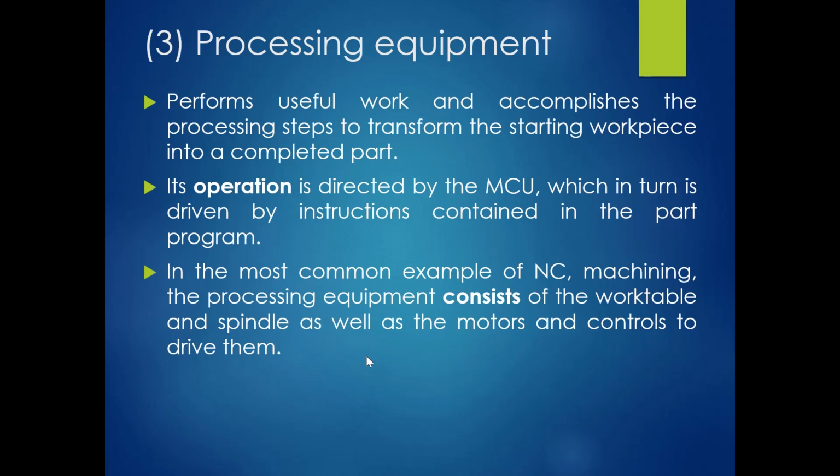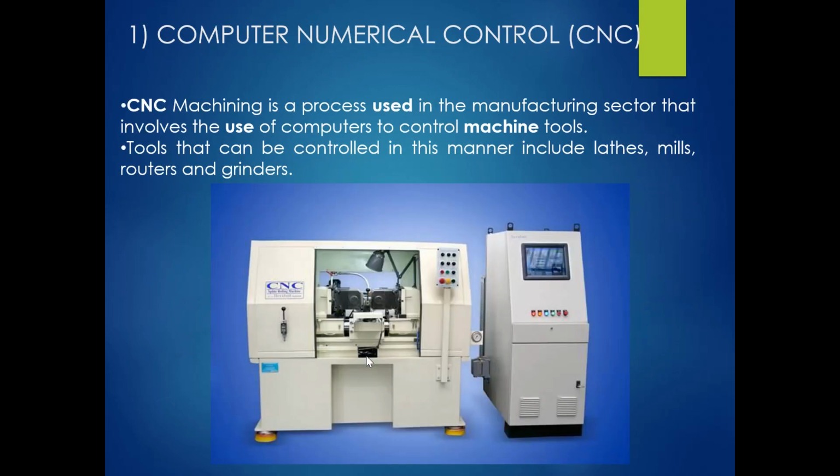Its operation is directed by MCU, which in turn is driven by instructions contained in the part program. In the most common example of NC machining, the processing equipment consists of work table and spindle as well as the motors and control to drive them.